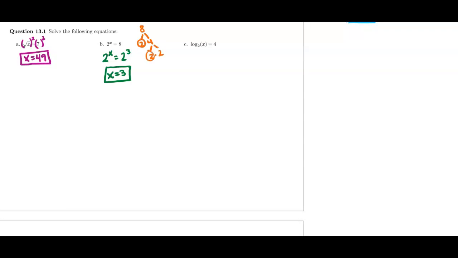So 2 times 2 times 2 is where we're getting that 2 to the third power. And then remember, when they're like bases, when these are the same, then you just set that exponent equal to each other. Oh, that makes sense. Thank you. You're welcome. No, thank you for asking. Let me make sure this is clear.